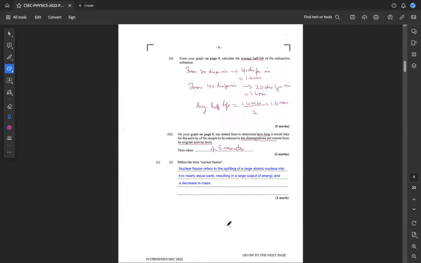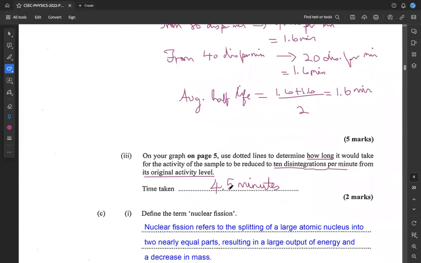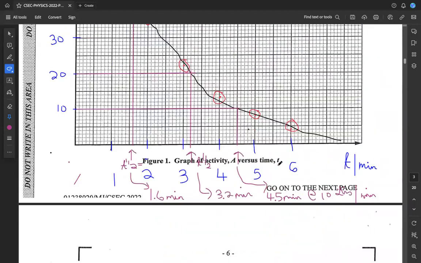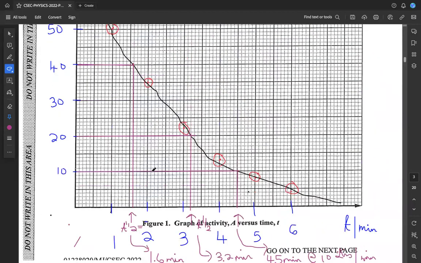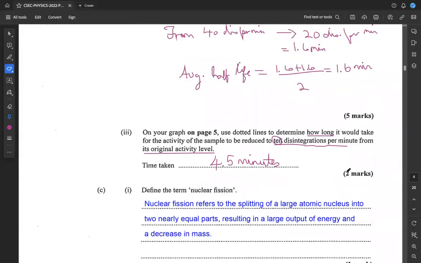So I put that on my answer sheet here on my line, and I say it takes 4.5 minutes according to my graph to get down to 10 disintegrations from that 80 that we started with. So 10 is here, I come across and I come down and I land at 4.5 minutes. So that's our answer for this part, and that's worth 2 marks, so we're on our way.